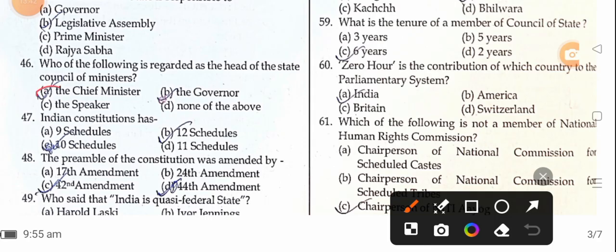The chief minister. My dear students, zero hour is the contribution of which country? It is the contribution of India. The Indian constitution has 12 schedules.